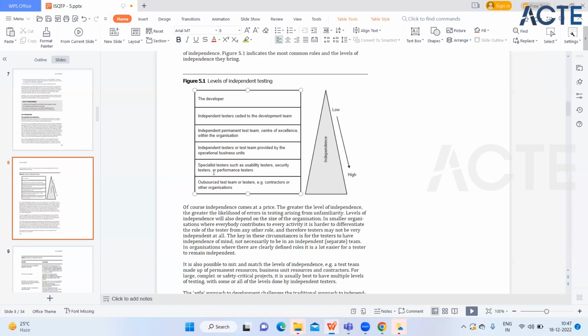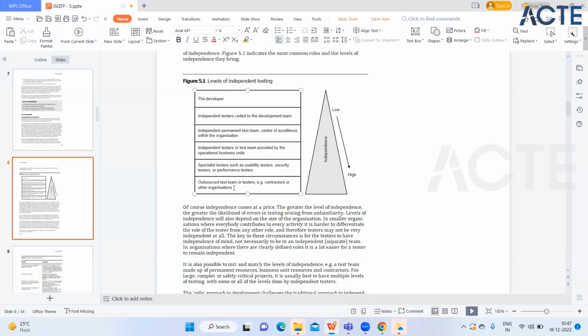After that, specialist testers such as usability testers, security testers, or performance testers. We provide the code to check that security, usability and performance are working fine. And the last will be an outsourced test team or testers, for example contractors or other organizations.